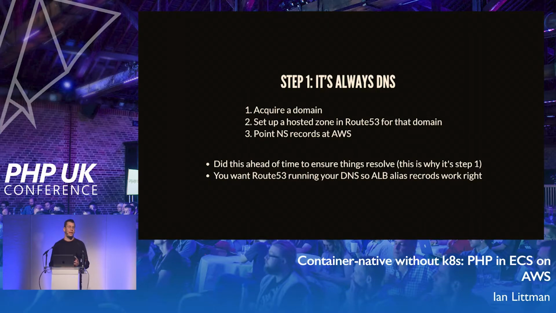So for cases like this where you're using an application load balancer in front of your actual app, just use Route 53. It's going to make your life a lot less miserable, even though I really do like me some Cloudflare. I've set that up ahead of time. I'm not going to go into the Route 53 control panel now to confirm that stuff is there. You'll see that later. So first step is make sure that your DNS is set up, because by the time you actually need it, hopefully it'll be propagated.